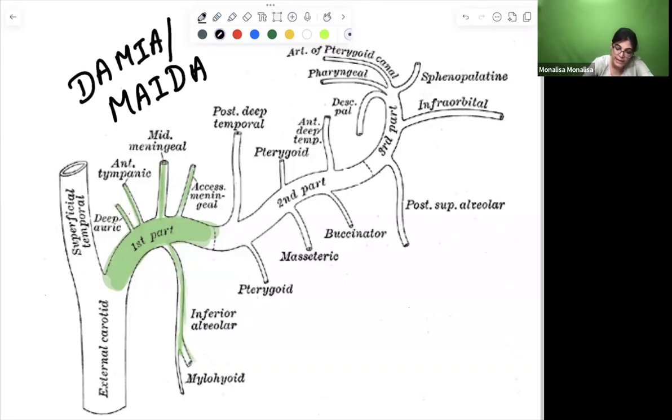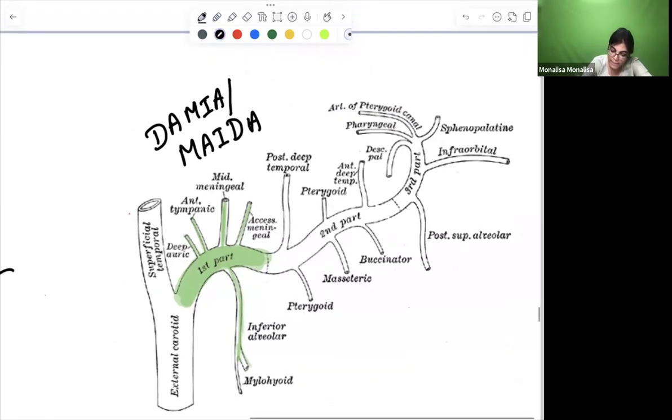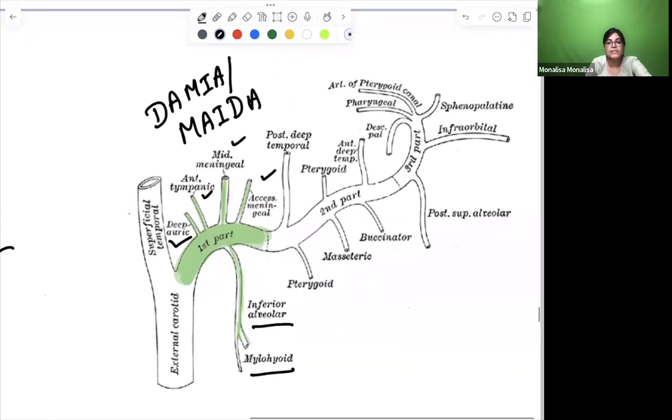They are: anterior tympanic, middle meningeal artery, accessory meningeal, inferior alveolar, and deep auricular. All these 5 branches arise from the first part of the maxillary artery.